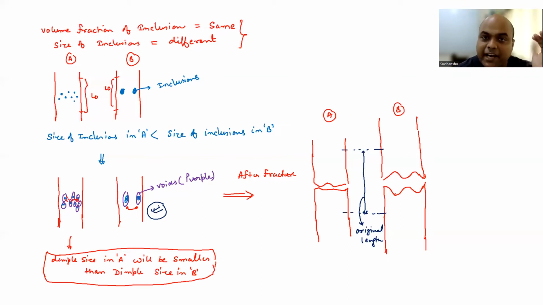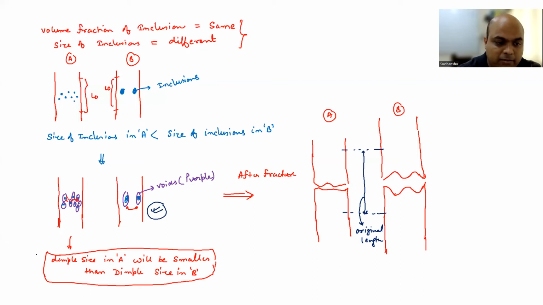So you don't get much time to increase the length before the coalescence as compared to B. So in B, you have more growth as compared to A. Okay, so if you understand the schematic, you can conclude that the dimple size in A is going to be smaller than the dimple size in B. If you observe the fracture surface, the number of dimples in A is going to be larger than the number of dimples in B. And finally, the strain to failure in B is going to be higher than in A.